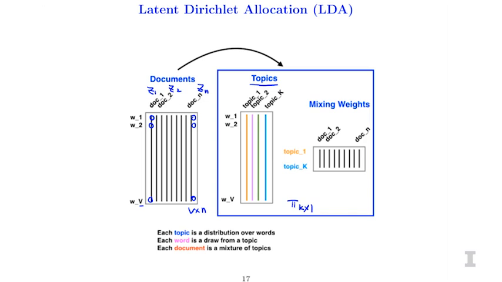However, LDA moves one step beyond this simple mixture model. Instead of modeling every document from one and only one topic, in LDA, every document actually is a mixture over K topics.